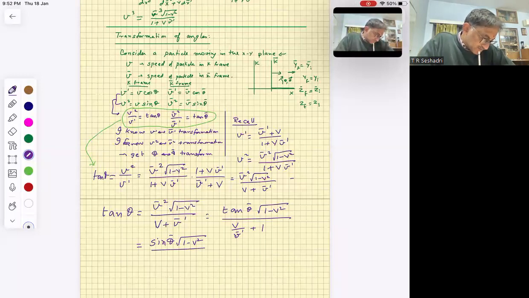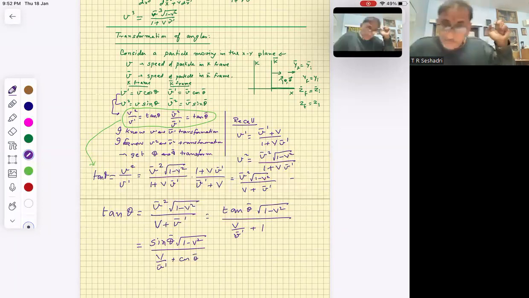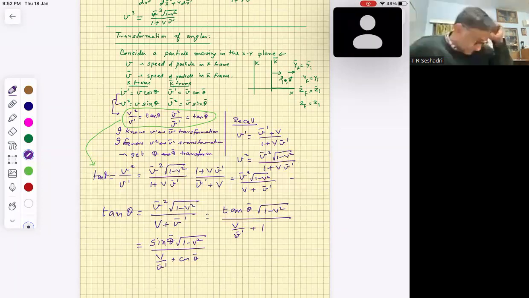I'm making a mistake. Okay, let me see. I'm dividing it by... So I have P by V bar prime plus cos theta bar. Have we forgotten the V bar 1 out?